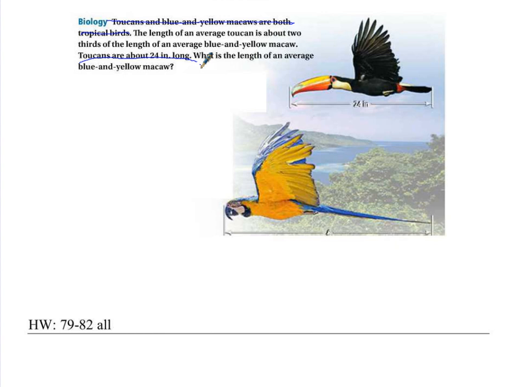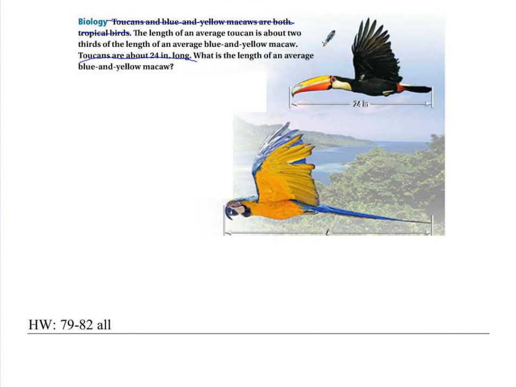Okay? How long is the average blue and yellow macaw? 2/3 of the length of that? Right. It says the length of an average toucan is 2/3 of the length of an average blue and yellow macaw.